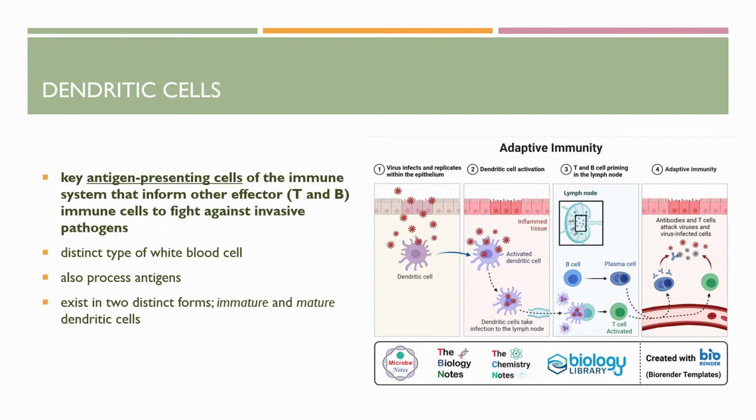And so the dendritic cell then takes the infection to the lymph node, where in the lymph node you have these T and B cells that are immature, and they get primed and they mature when this dendritic cell basically presents the virus to these cells. So it can present it to B cells or T cells. They get activated. Here the T cells are just getting activated, or the B cells are becoming plasma cells.